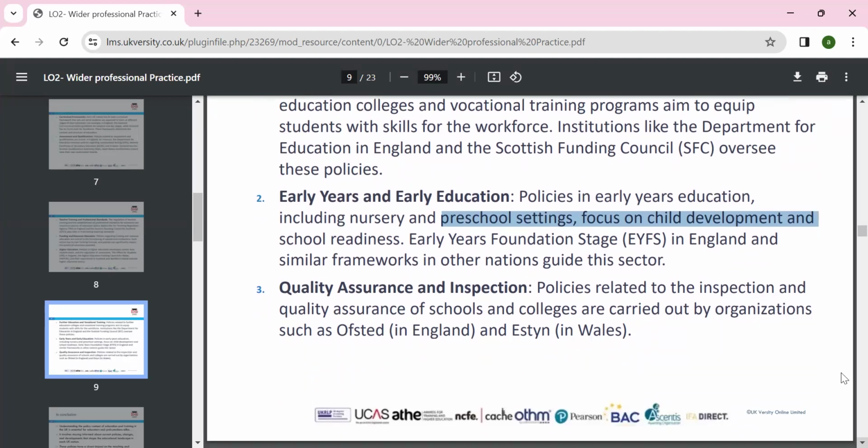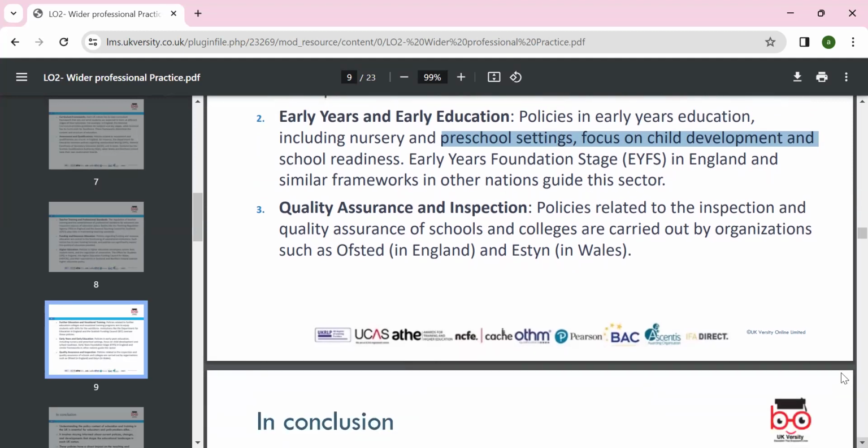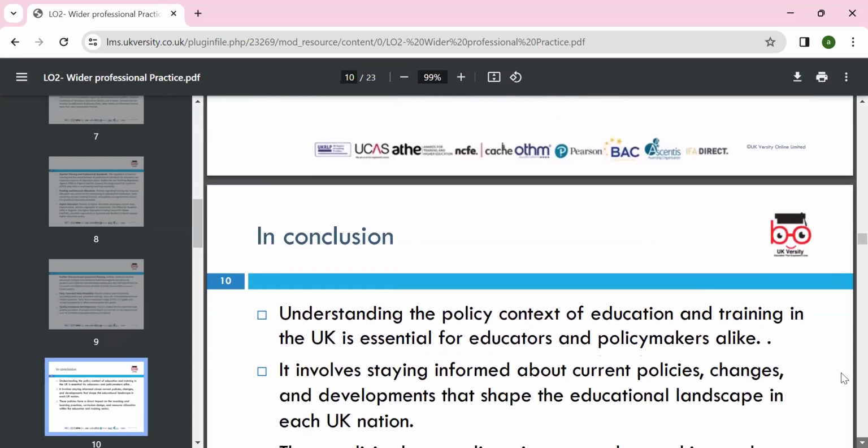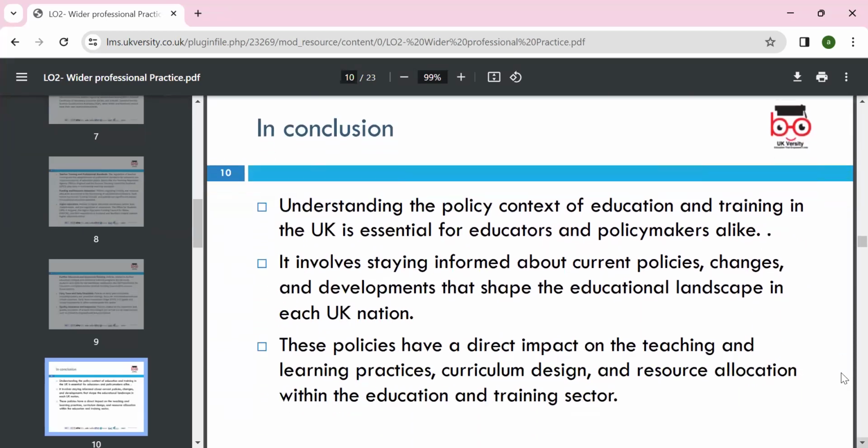Quality assurance and inspection: policies related to inspection of quality in colleges are carried out by organizations such as Ofsted and various other regulators, which we can see in schools as well as in higher education. Understanding the policies in the context of education and training in the UK is essential for educators and policymakers.